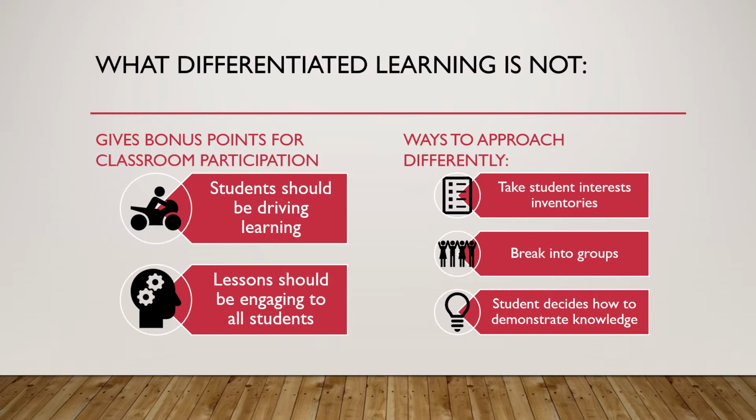Not everyone is into big groups. And once again, let your students decide how they can demonstrate their knowledge and how they would like to be broken down into groups or how they would like to participate. By allowing them to choose how they want to demonstrate their learning, it will keep them engaged because they will be invested in the product.